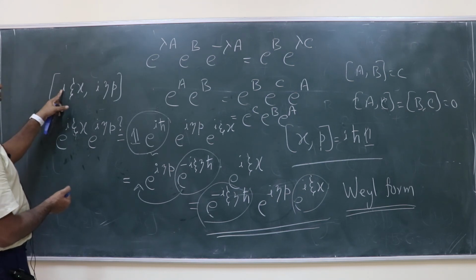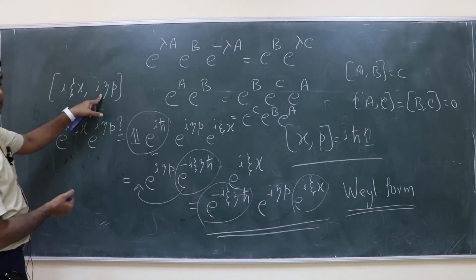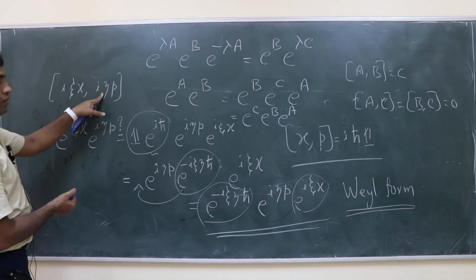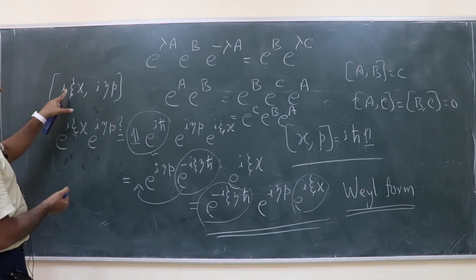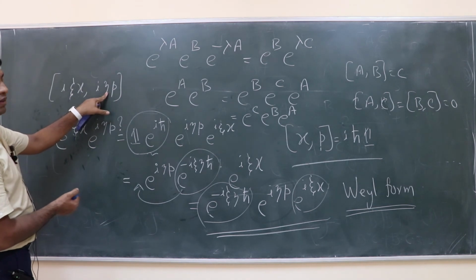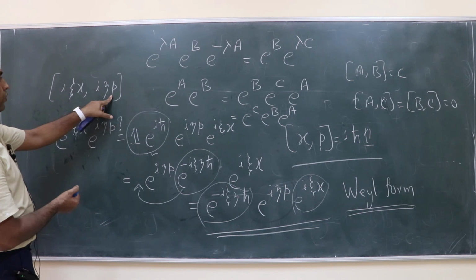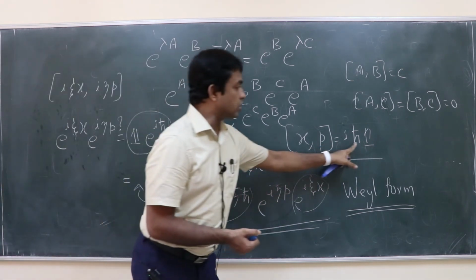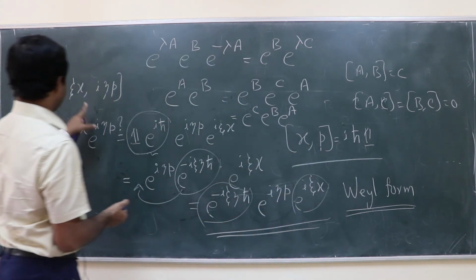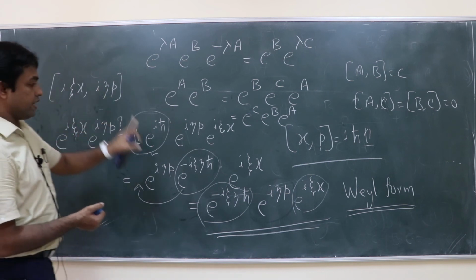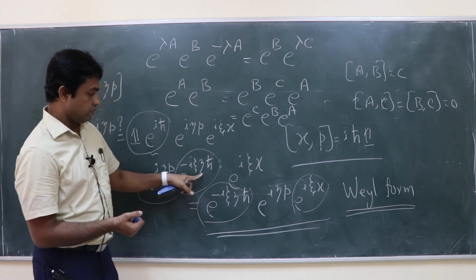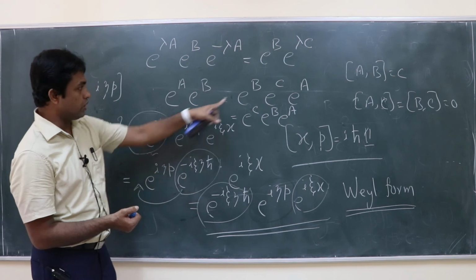So you get i psi into i eta. What is i psi into i eta? Minus psi eta. Then the commutator of x with p. What is the commutator of x with p? i h cross. So you get minus psi eta h cross. That is your C.